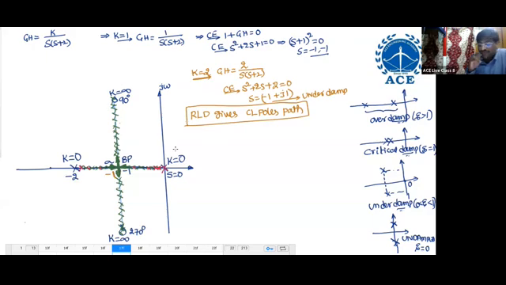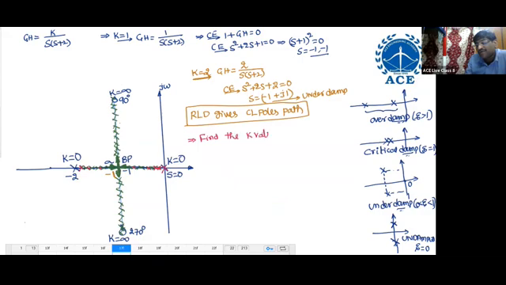That's all. Next, one more thing you should know. Sometimes they used to ask, what they used to ask? Find the K value. Write the question.